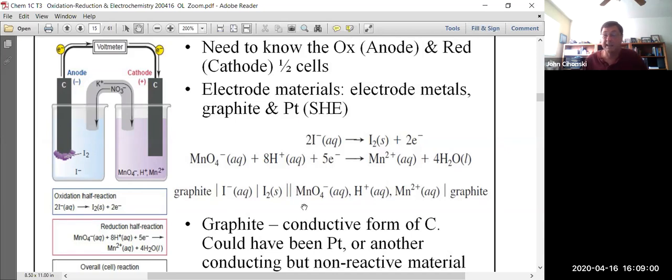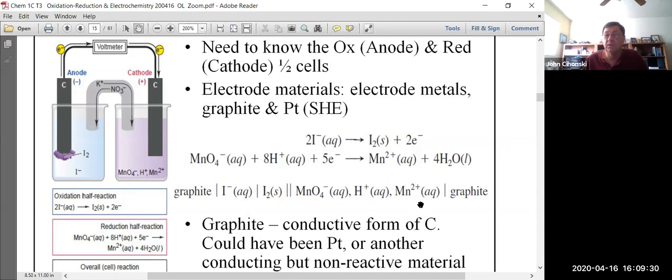All right, so cathode half cell, what do we have? We have the graphite, obviously, graphite in a bar. And do we have anything here in the cathode half reaction that is not in solution? No, we have 1, 2, 3 species, all in solution, and that's what we have written here.